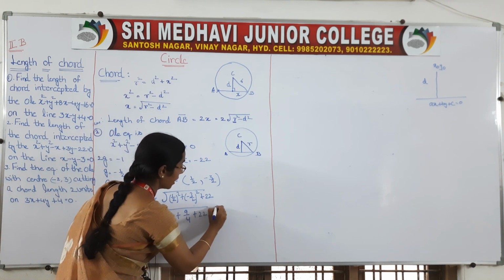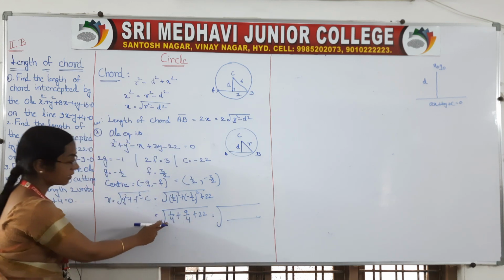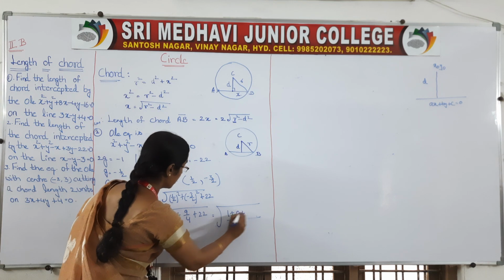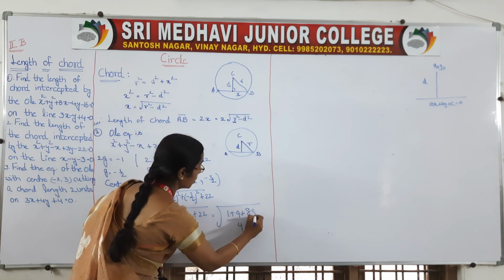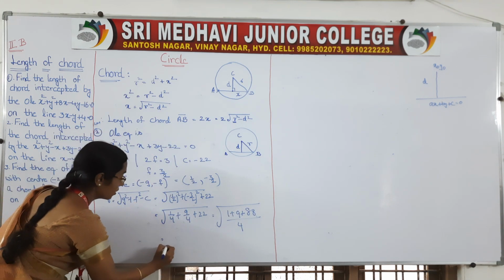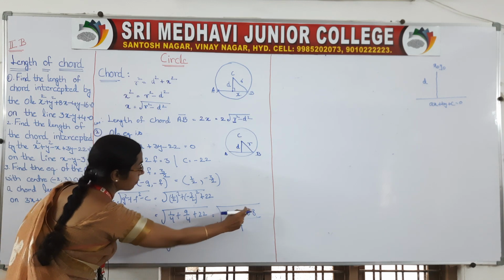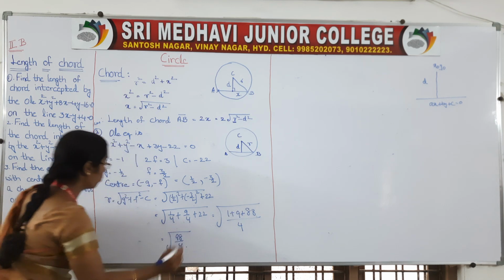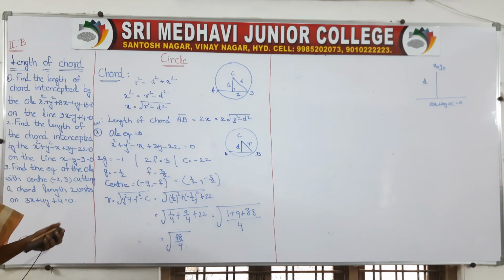Come on, take the LCM. What is the LCM? 4 is the LCM. 1 plus 9 is 10, and 4 22s are 88, so 98 by 4. This is your R, right?